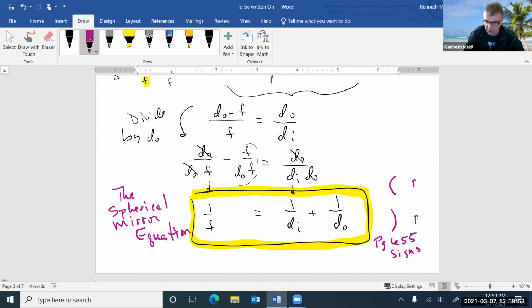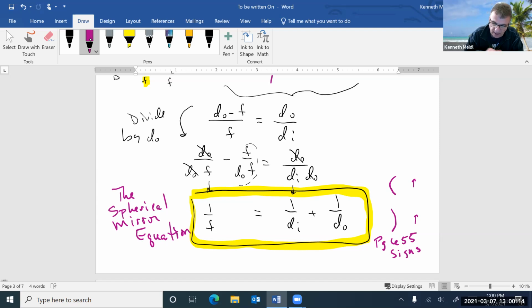The whole thing will just blow up on you. And so he says right here, when the object, the image, or the focal point is on the reflecting side of the mirror, the corresponding distance is positive.